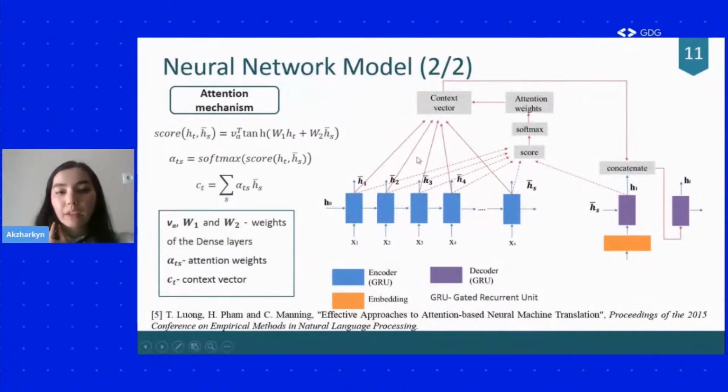So that's how we calculate the context vector, and then we concatenate this context vector with the previous output of the decoder, and obtain the new input to the decoder. And so on. For the next time step, we again calculate score, softmax, attention weights, the context vector, and obtain a new input.